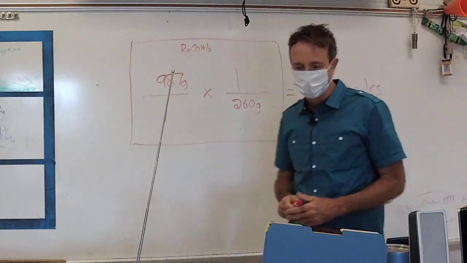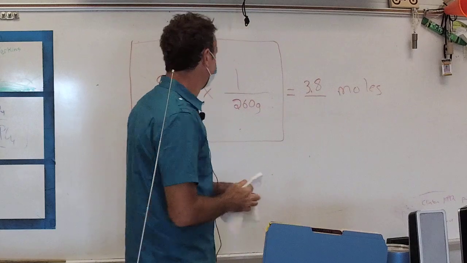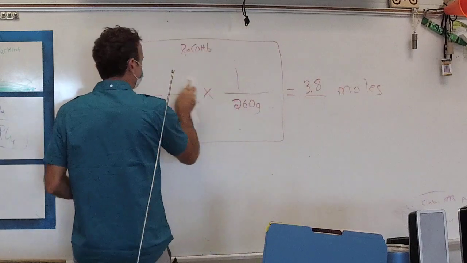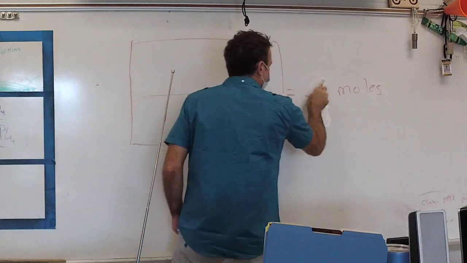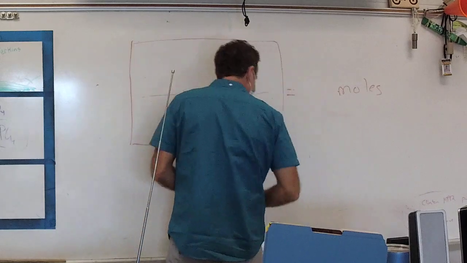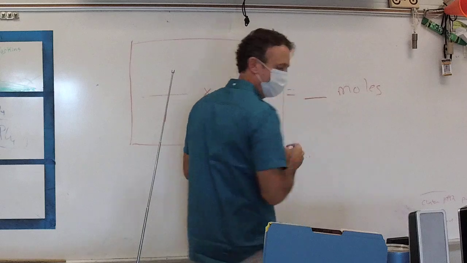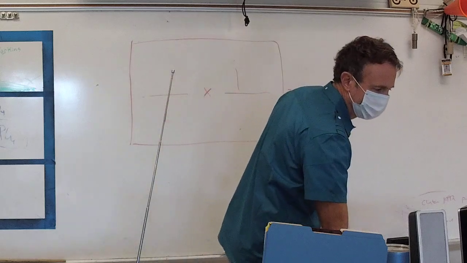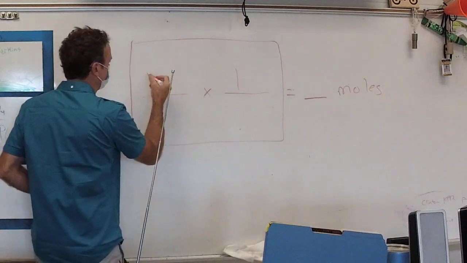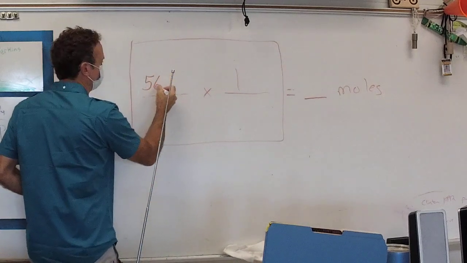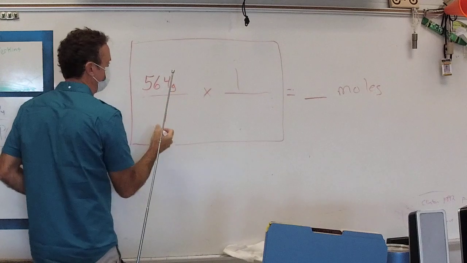All right, let's do one more. Let's do one more from this worksheet. Let's do number 6. Number 6 says you have 564 grams of copper. So the number we're given, the given number, is 564 grams.